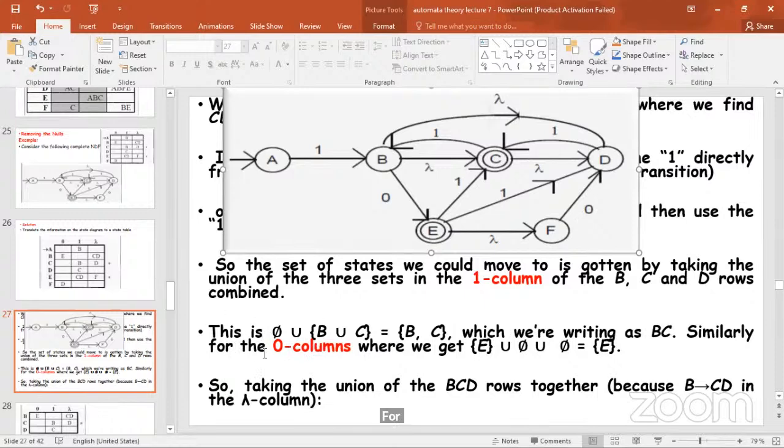That's the column under 0, where we get E union empty set, which just gives us E. So taking the union of the BCD rows under 0 and 1, we can get the solution we actually look for.